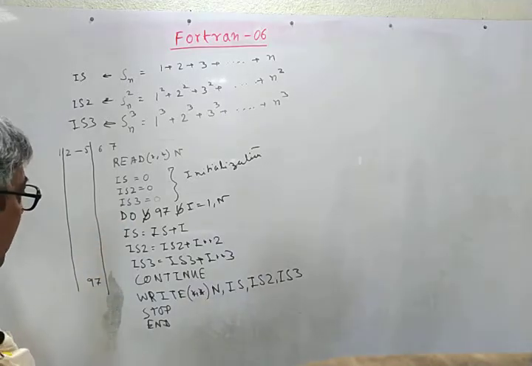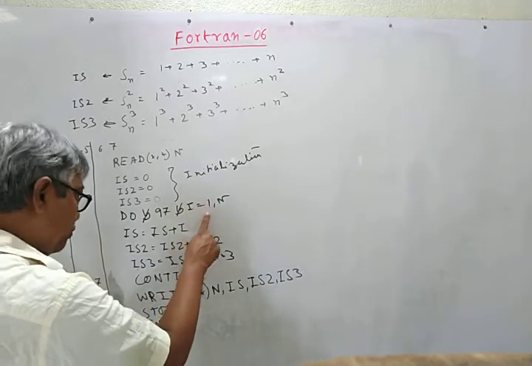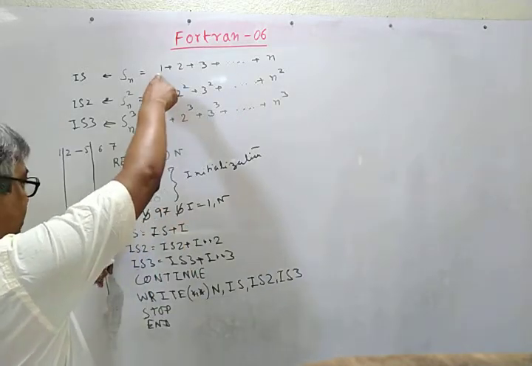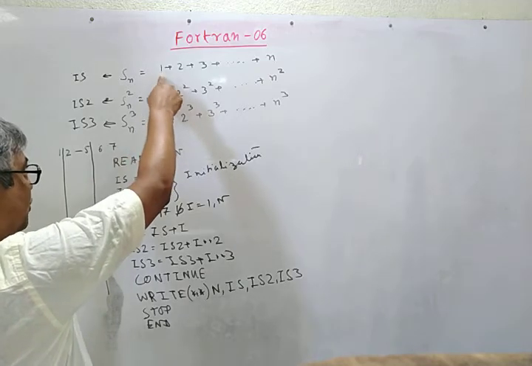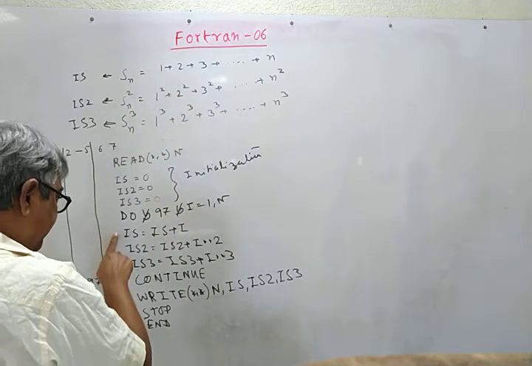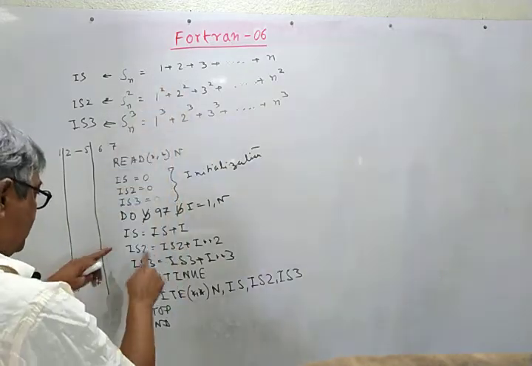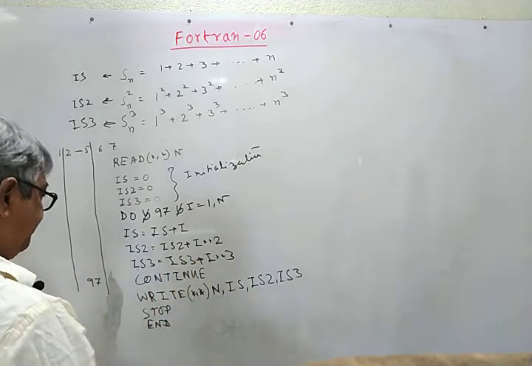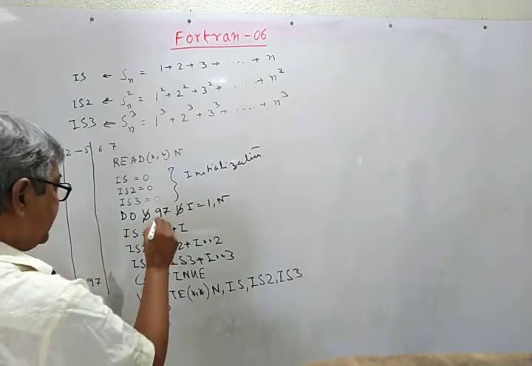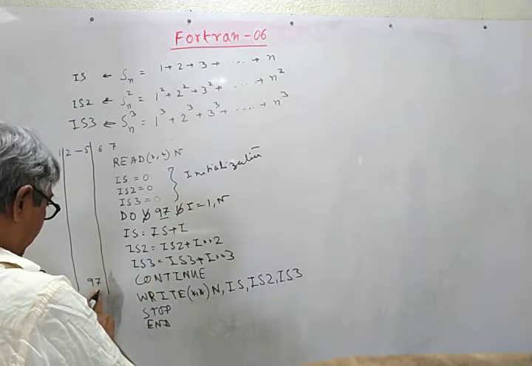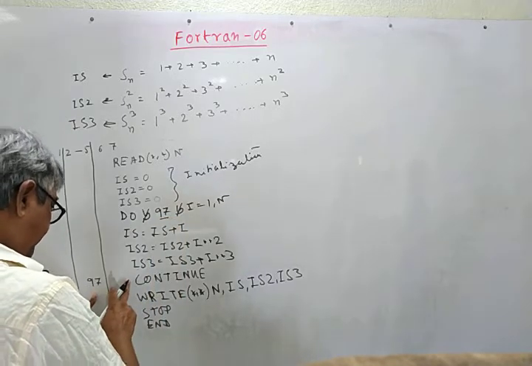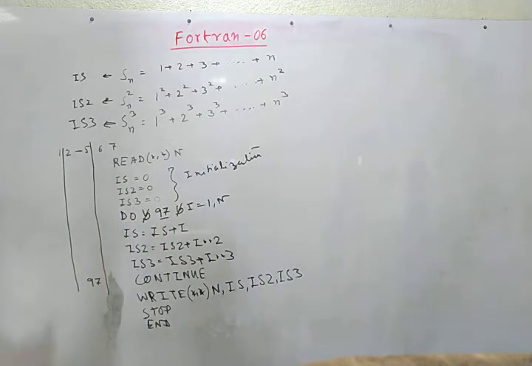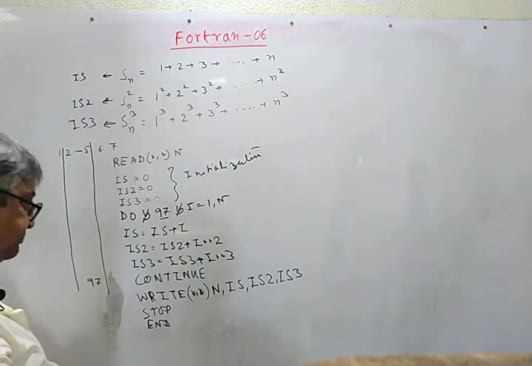First it takes I is equal to 1, then it produces this sum. Initially is was 0, so it adds 0 plus 1, which is 1. Now at the first stage is is 1, and is2 is 0 plus 1 square, which is also 1, and is3 is 0 plus 1 cube, which is 1. Since the statement number 97 has been attained, it returns to the do line and assumes the second value of I, that is I is equal to 2.